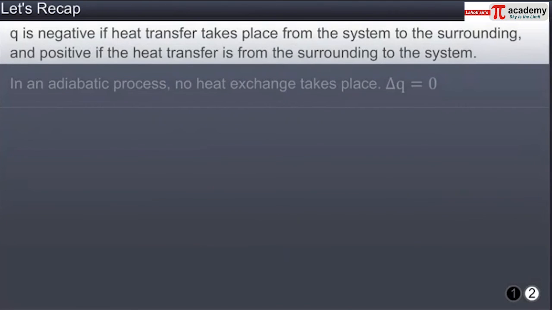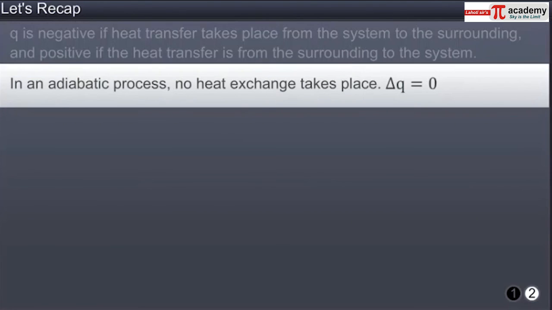Q is negative if heat transfer takes place from the system to the surrounding, and positive if the heat transfer is from the surrounding to the system. In an adiabatic process, no heat exchange takes place. Delta Q is equal to 0.